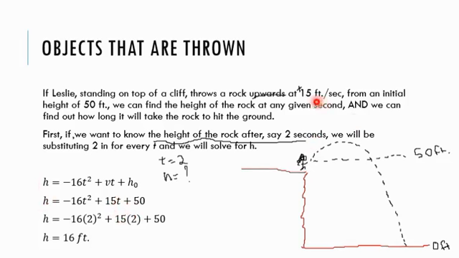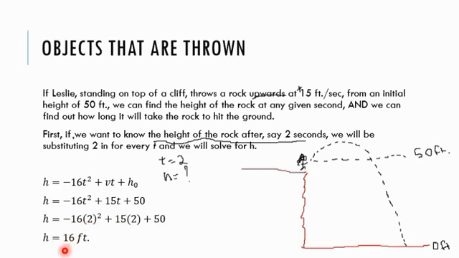15 feet per second, and 50 feet is my initial height. And then I'm going to substitute 2 in wherever I see a t. And from there, I'm simply going to solve out this arithmetic. Negative 16 times 2 squared plus 15 times 2 plus 50.